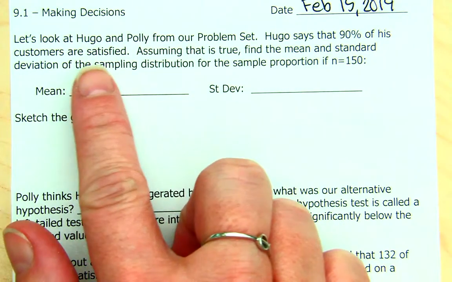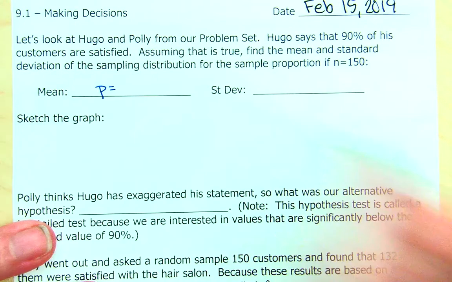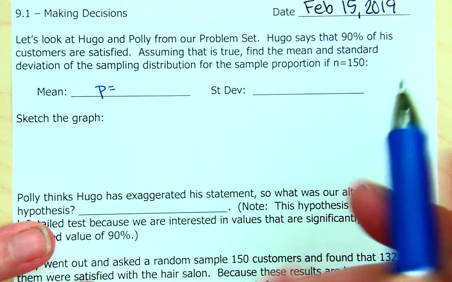Hugo says that 90% of customers are satisfied. Assuming this is true, they want us to find the mean and standard deviation for this situation. So the mean is just the proportion that he claims to be true, this 90%.